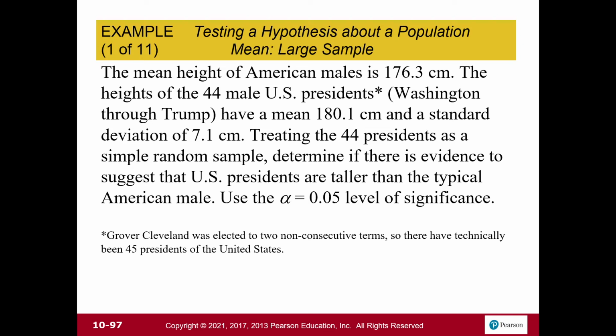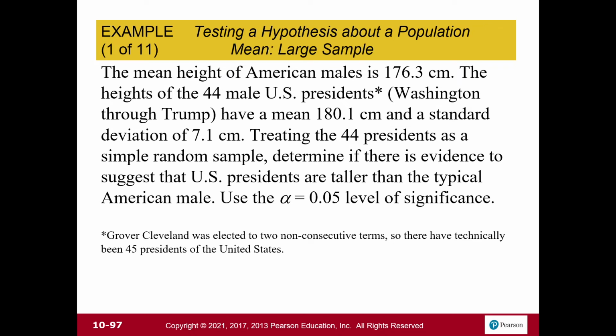So here we have a problem. The mean height of American males is 176.3 centimeters. The heights of the 44 male U.S. presidents, Washington through Trump, have a mean of 180.1 centimeters and a standard deviation of 7.1. Treating the 44 presidents as a simple random sample, determine if there is evidence to suggest that the U.S. presidents are taller than the typical American male.